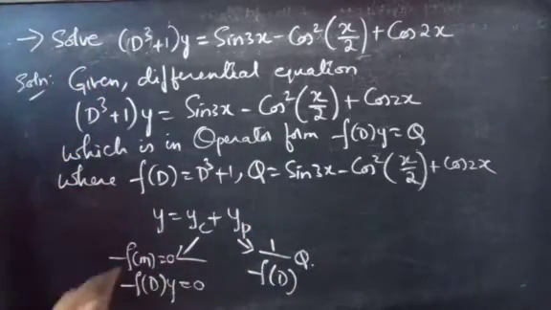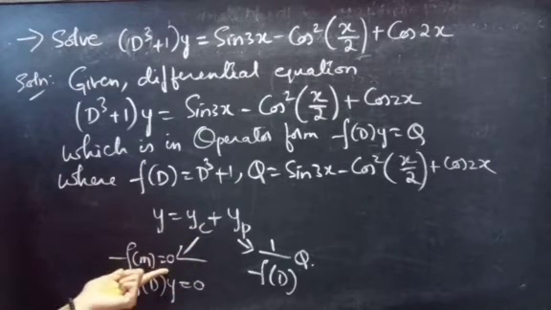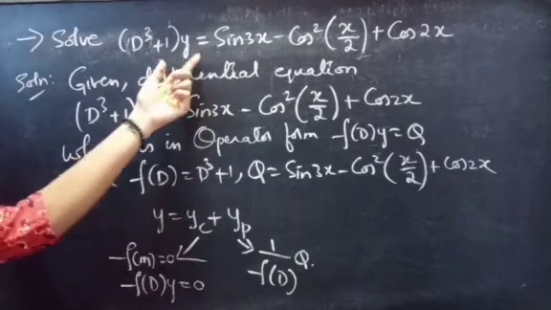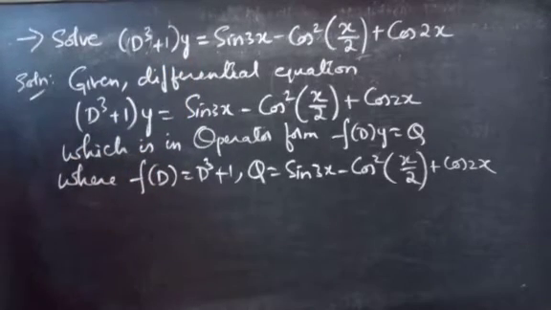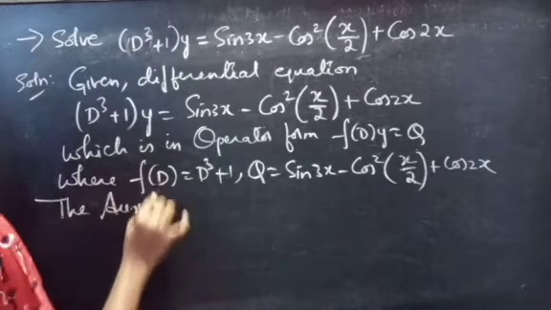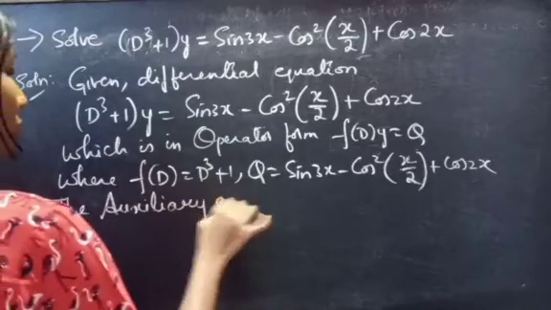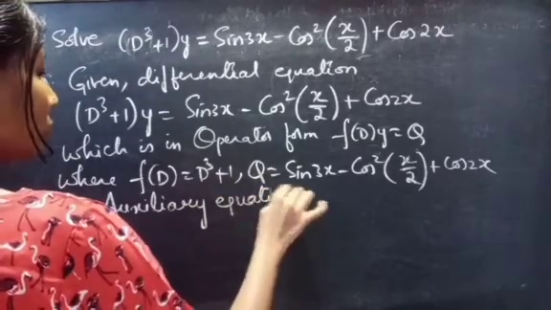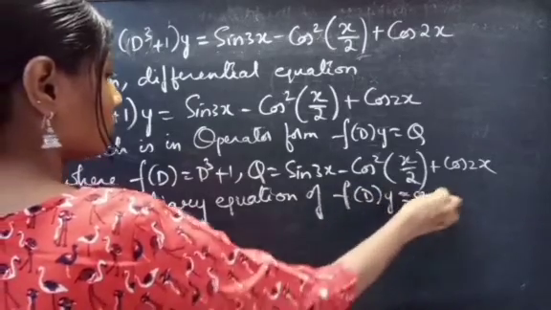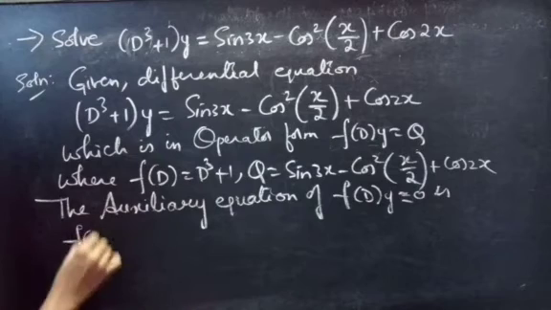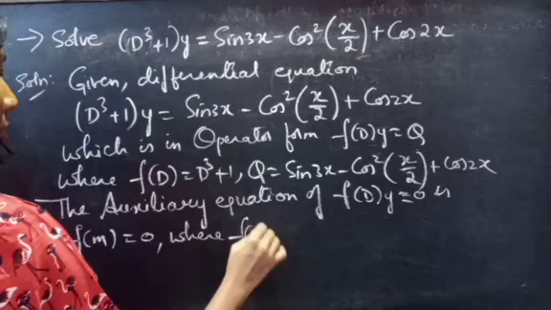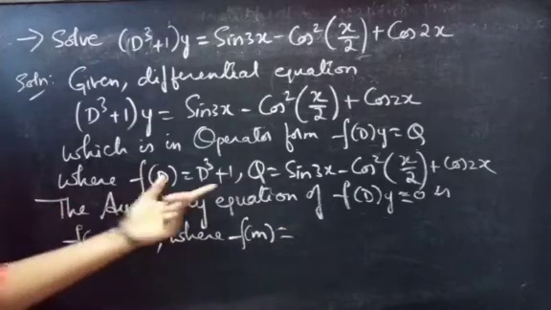So firstly, let's find the complementary function using the roots of the auxiliary equation of the homogeneous equation of the given non-homogeneous equation. The auxiliary equation of f(D) y = 0 is f(m) = 0, where f(D) = D^3 + 1.